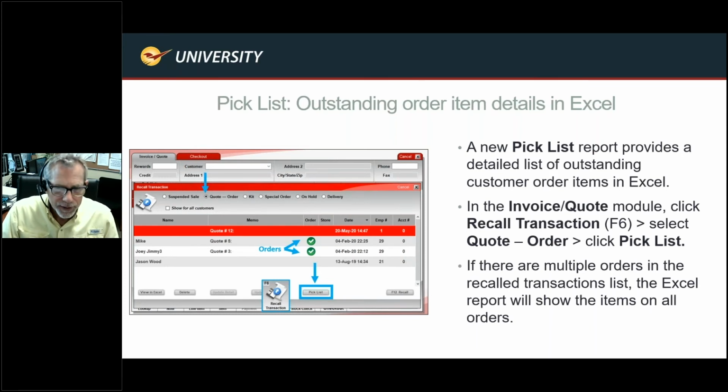So it's very nice. This report, in particular, will push out to an Excel document. It will push out all those orders, breaking them down by the customer name and the order numbers, and separating between each one of those on that Excel document.